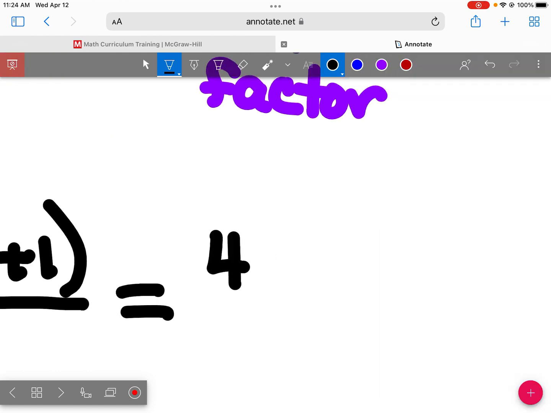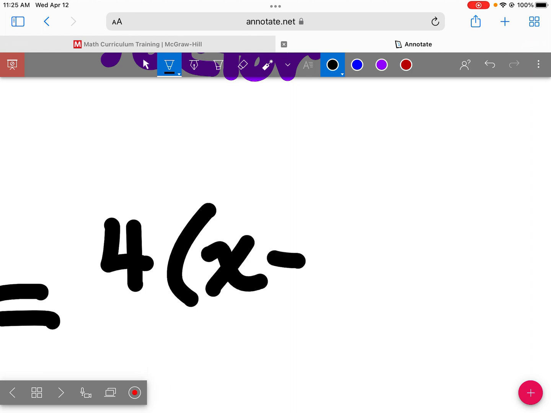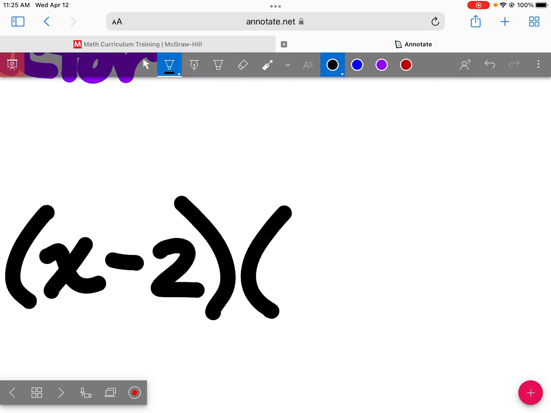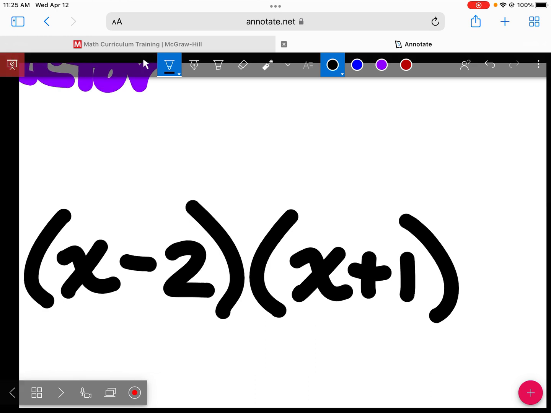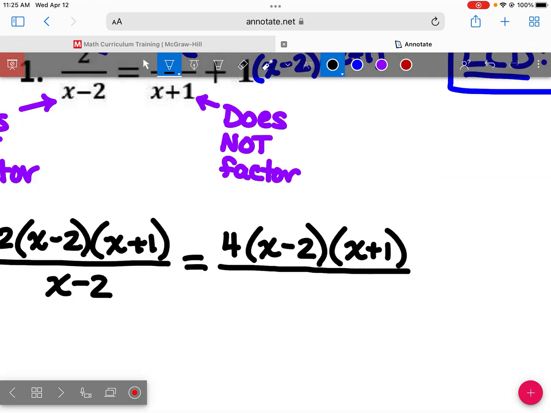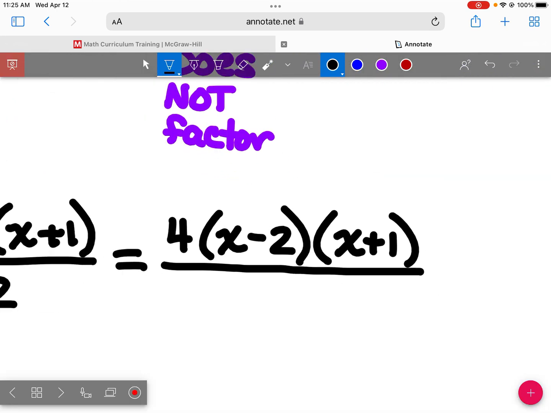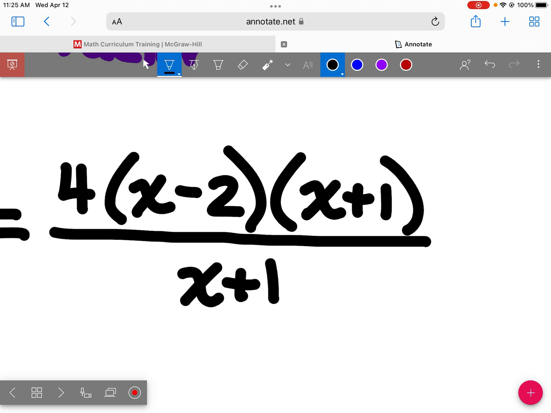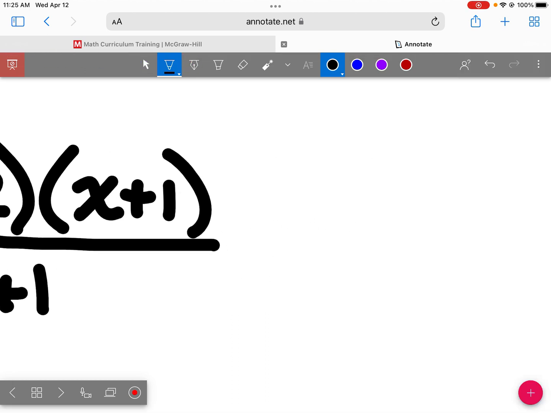I'm just recopying what we've got. Then I have 4 times x minus 2 times x plus 1. This one is over what? X plus 1. All I'm doing is just recopying what we had up above.